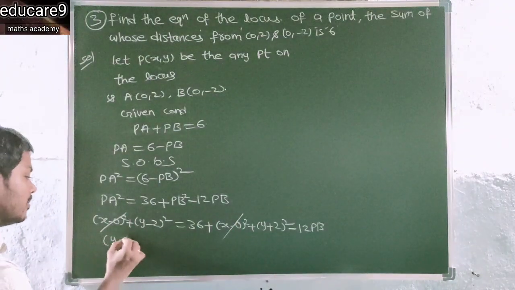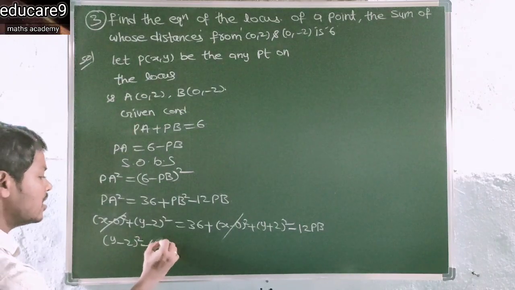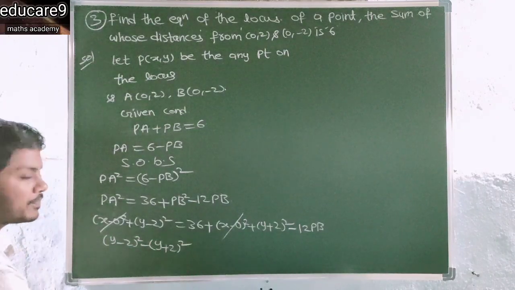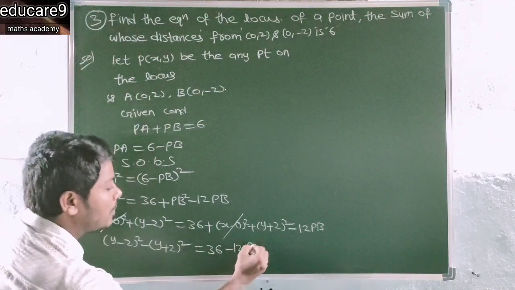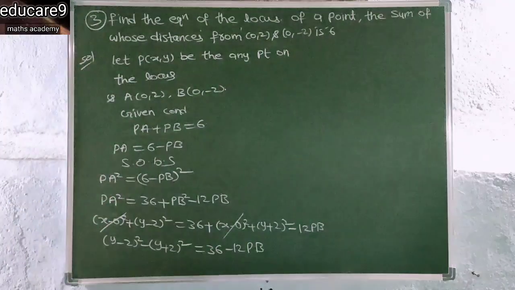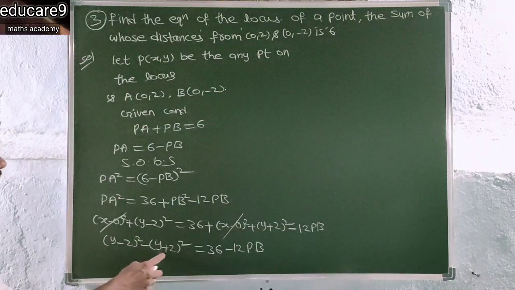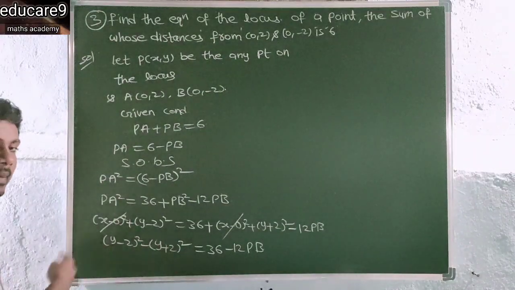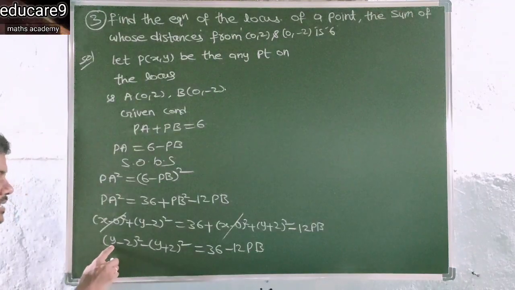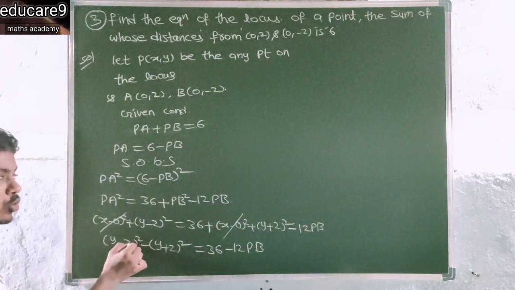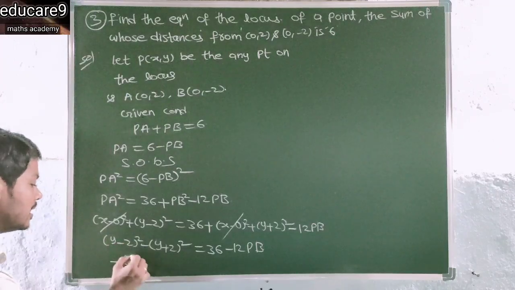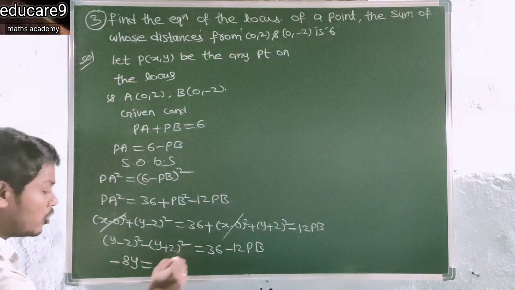Now this is (y minus 2) whole square minus (y plus 2) whole square is equal to 36 minus 12 PB. So it is in the form of (a minus b) whole square minus (a plus b) whole square, that is minus 4ab. So clearly a is y and b is 2. So this is minus 4 into 2 into y, that is minus 8y. So here 4 is common.